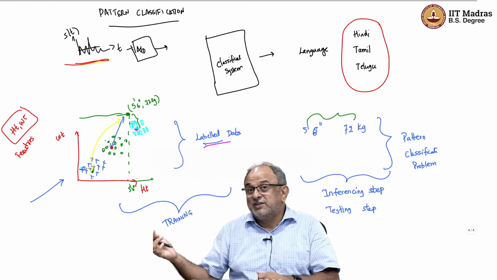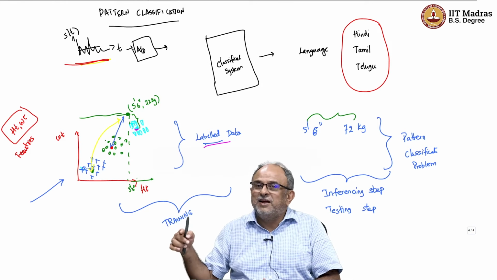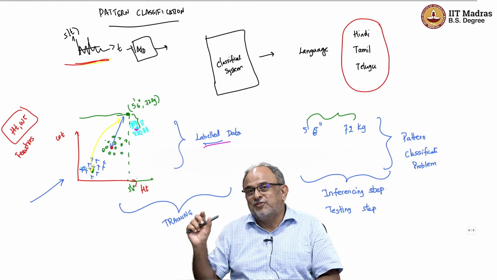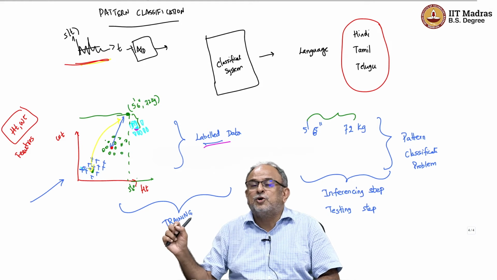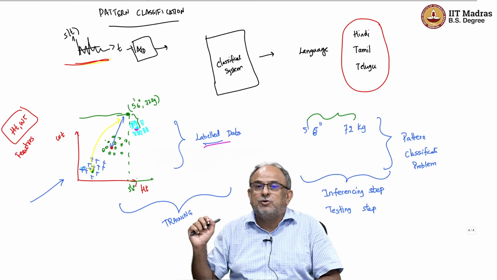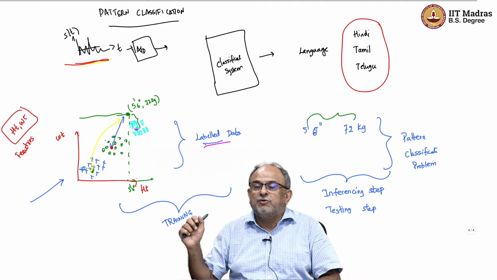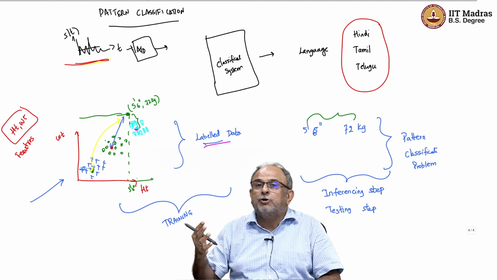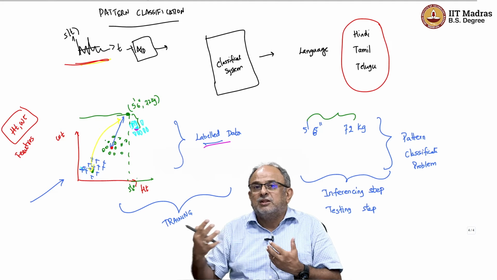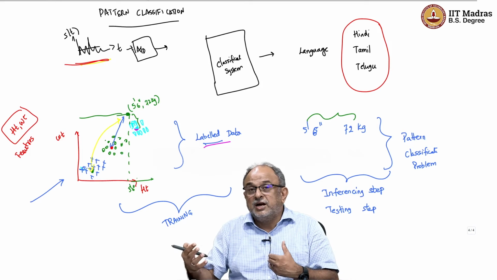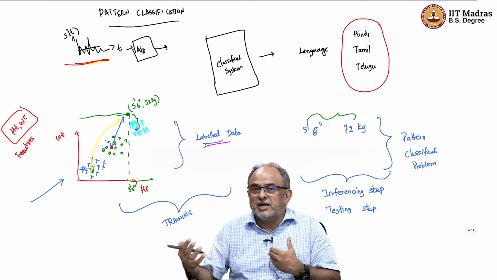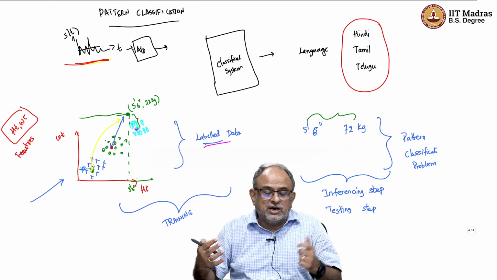Of course, when I speak Hindi, in my voice there is a characteristic of age, that I am not worried about, but just using the identity of the language spoken is not good enough for me to identify whether it's a man, woman or child. But height is a very good feature that tells distinguishing characteristics between a man, woman and child. Weight is another distinguishing characteristic, right. So we have used heights and weights.